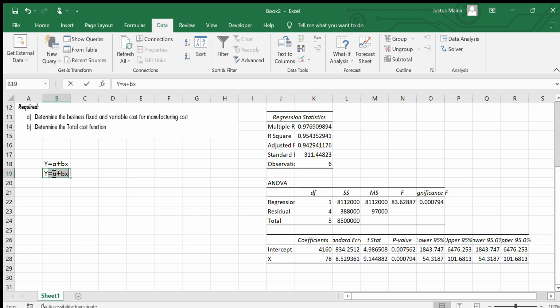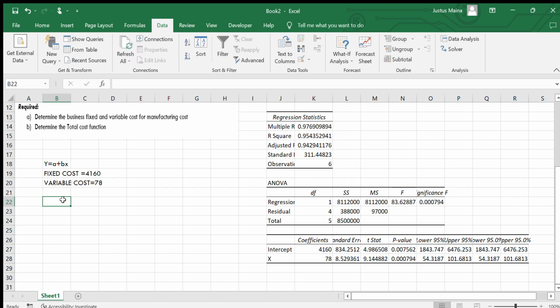The answer will be, or we can say, the fixed cost is equal to 4160, and the variable cost is equal to 78. That is the coefficients.